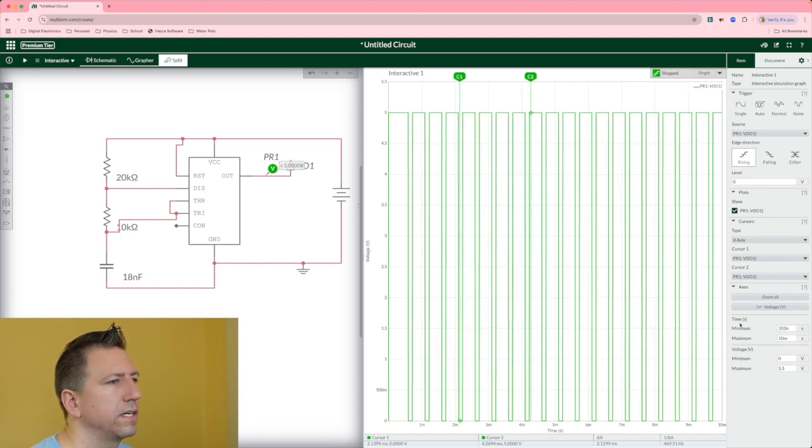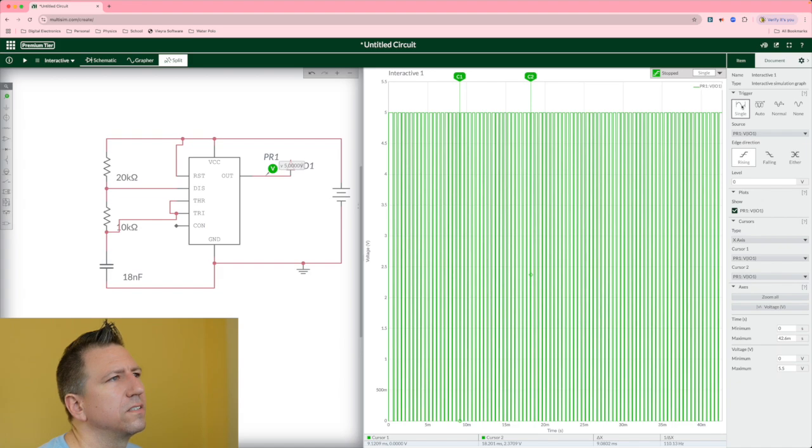Okay, and so now I can adjust, let's see, where are we at here? Axes, voltage. Where do I have an adjustment? I thought I had it here. Oh, maybe I just have to go here now. It's single, trigger. Oh, okay, well, I think I can do this down here too.